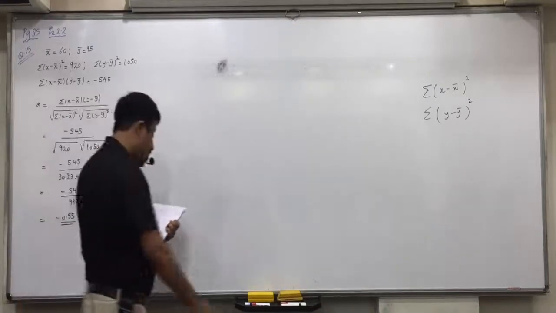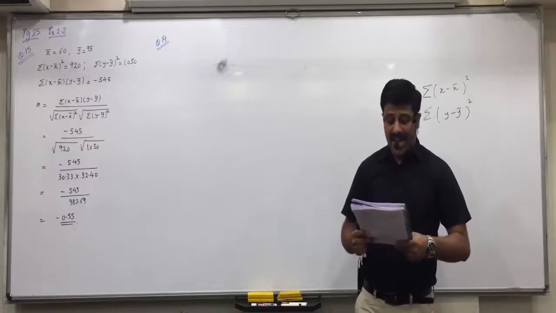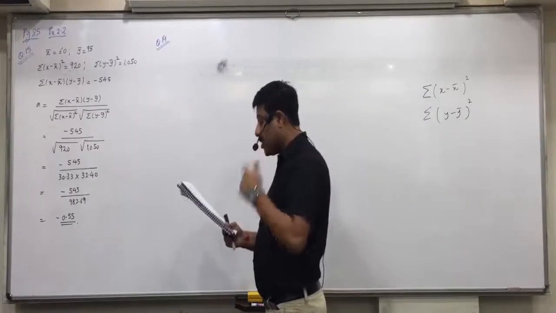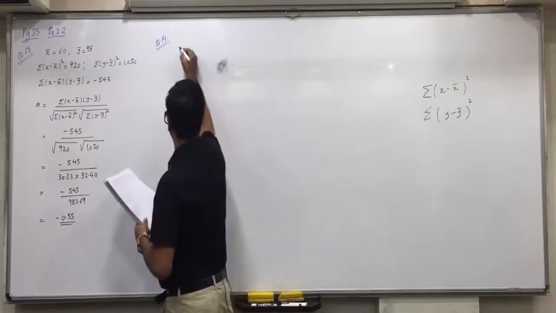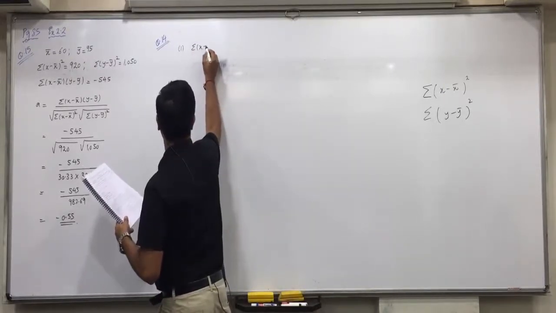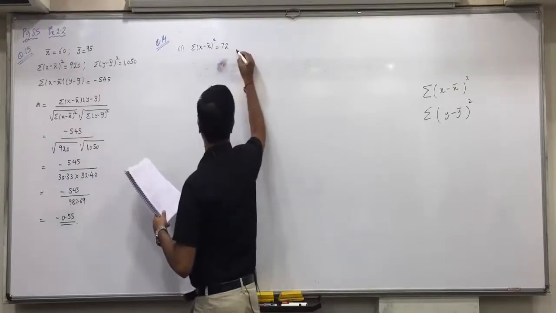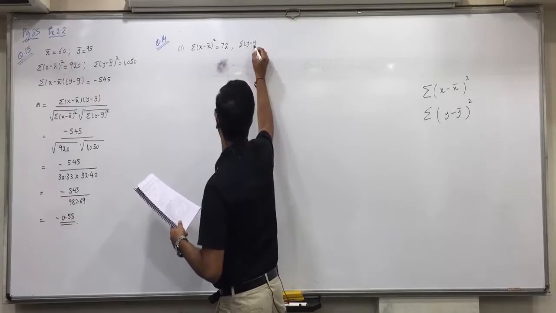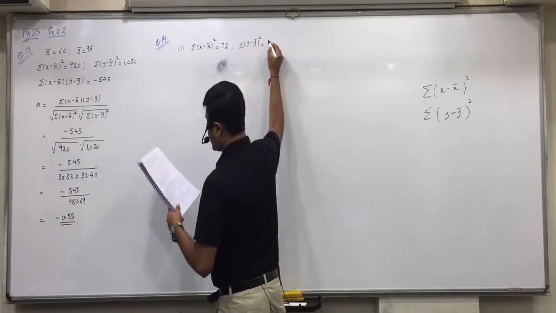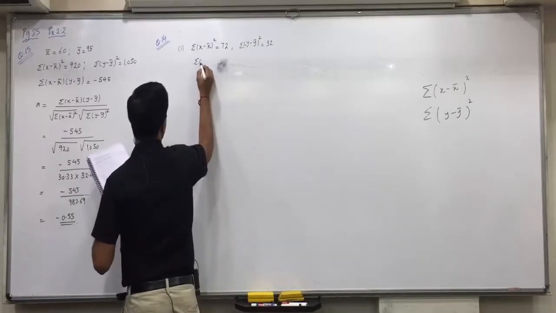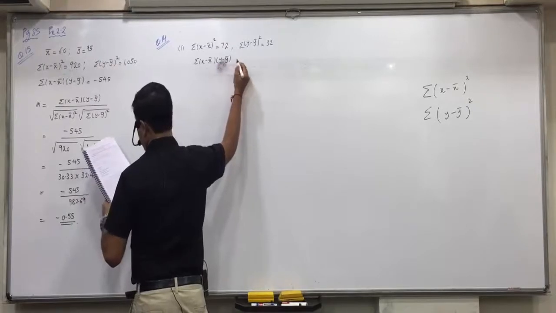Look at question number 14. Silence everyone. First sub question: determine the value of correlation coefficient from the following data. Sigma x minus x bar whole square is equal to 72, sigma y minus y bar whole square is equal to 32, and sigma x minus x bar into y minus y bar is equal to 45.